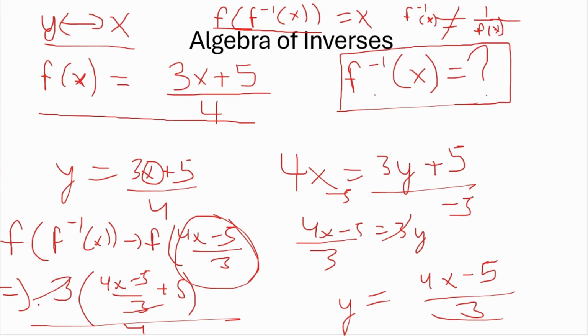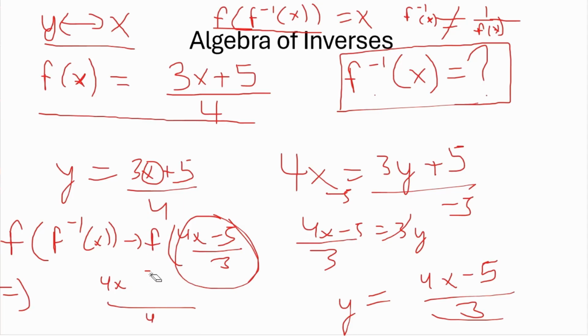Now these threes cancel, and you're left with 4x minus 5 plus 5 over 4. The negative 5 and 5 cancel, and then the 4 and 4 cancel. You're just left with x.